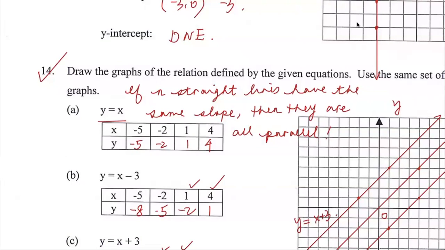So if we have a straight line that looks like this, y is equal to mx plus b, so that's the slope y-intercept form, right?